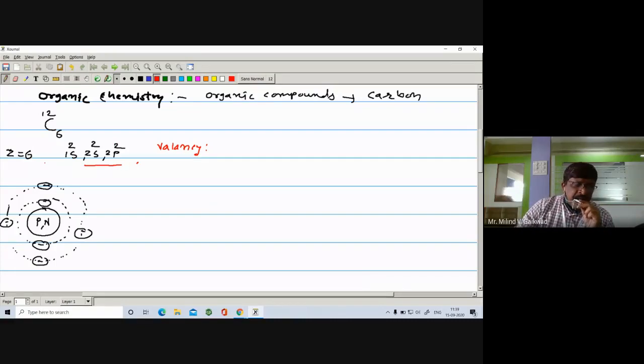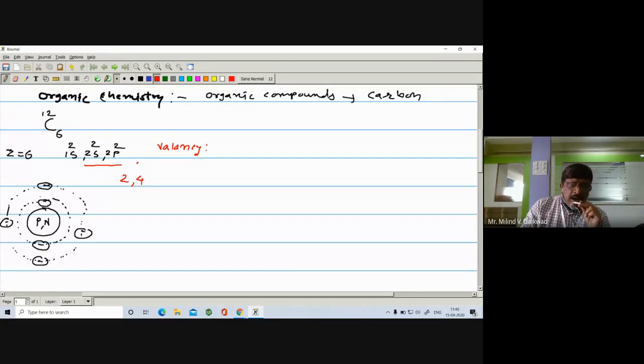So this carbon: if you see the electronic configuration, in the first orbit there are 2 electrons and in the second orbit there are 4 electrons. The first orbit is a duplet, and the outermost orbit should contain 8 electrons. For an element to become stable, the outermost orbit should be complete, but here there are only 4 electrons, so it requires 4 more.